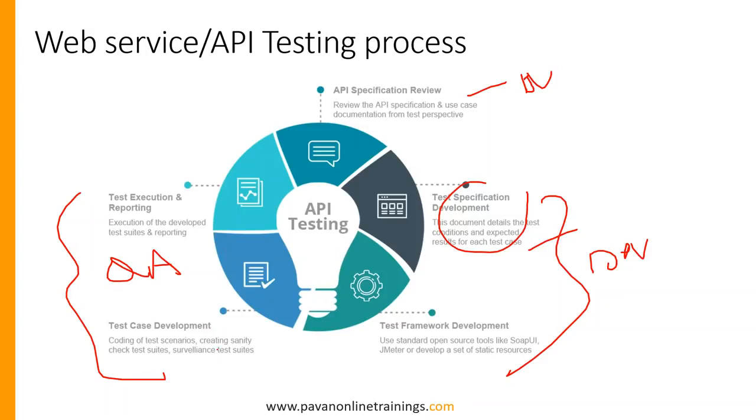I'll show you how we can create the test cases and everything for API testing, and then we'll execute those test cases against the APIs, to check whether the API is providing a proper response whenever we make a request to the APIs. This is the complete end-to-end process of web service or API testing.